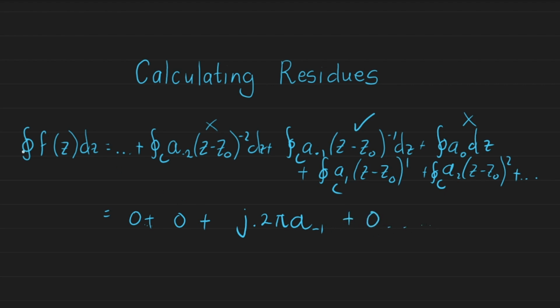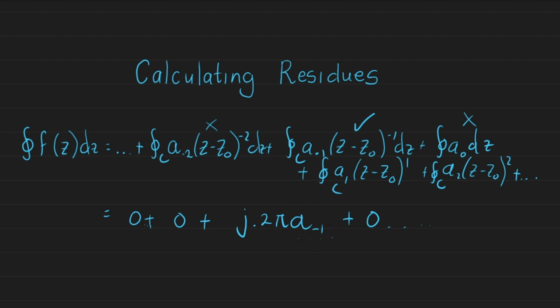So the integral of this function only takes on the value for this particular term. And the residue was this coefficient a minus 1. So this has lots of applications, in the sense where we can evaluate a very difficult integral in which we have a singular point within this circle of convergence, and it merely takes on the value of this integral if we can find this coefficient a minus 1.